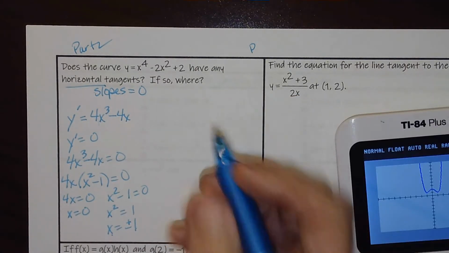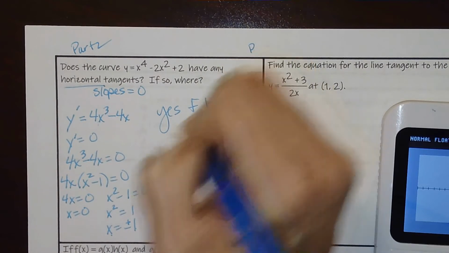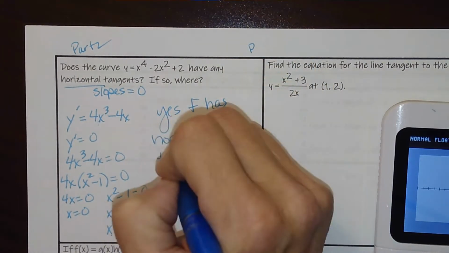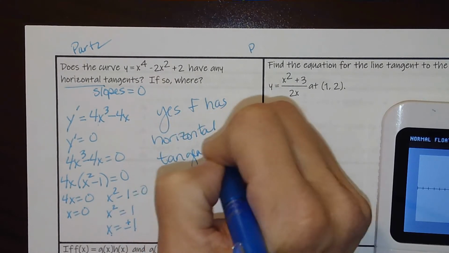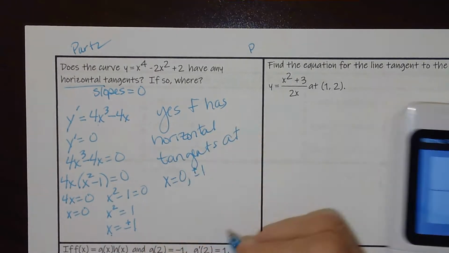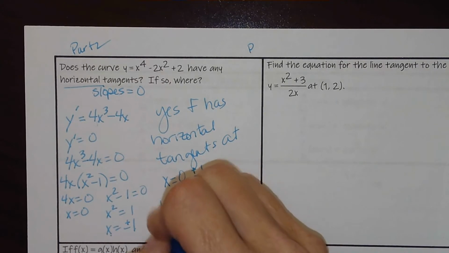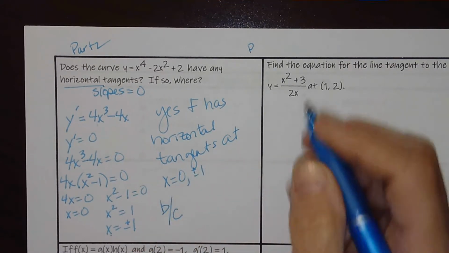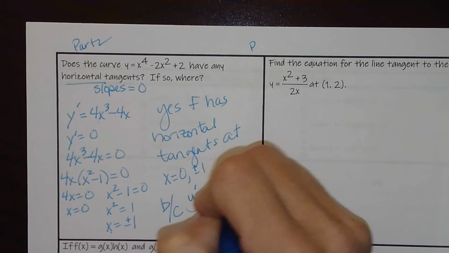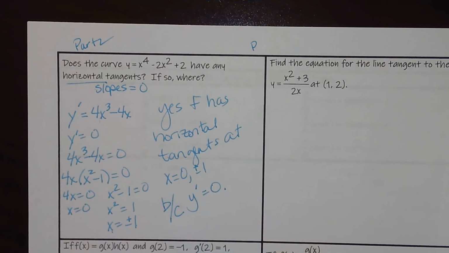So yes, f has horizontal tangents at x equals 0 and plus or minus 1. And if I needed a reason, my reason would be because those are the x values where y prime is 0.